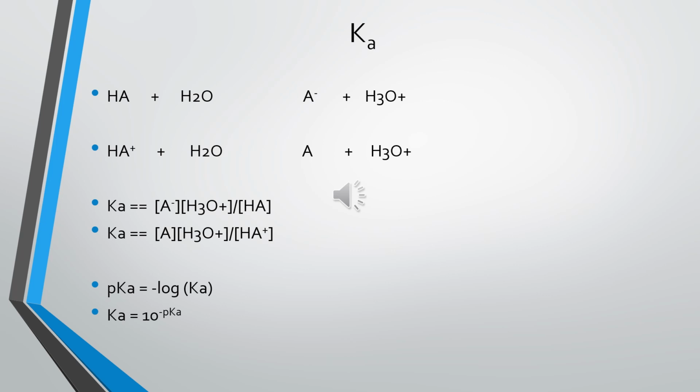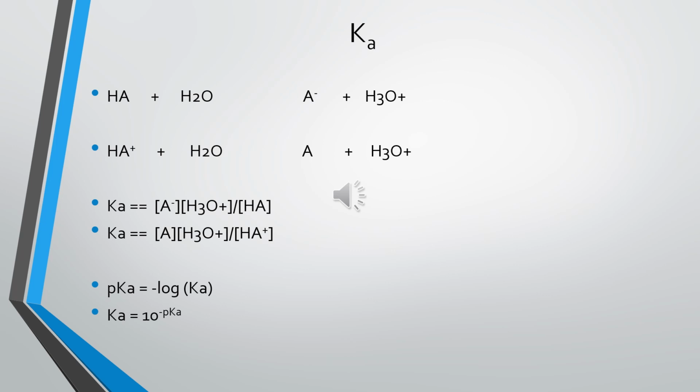So what you can see here is that as pKa becomes greater, right, becomes more and more positive, that means that Ka becomes smaller and smaller because of how pKa is defined, right?